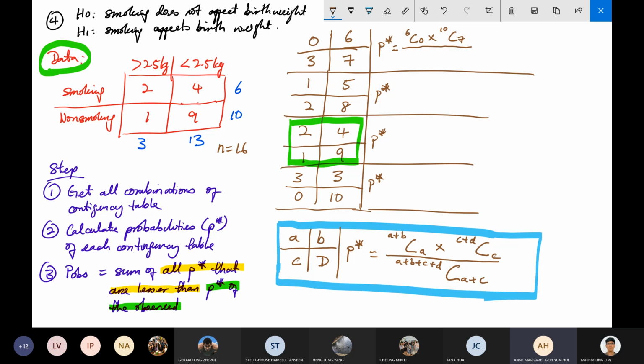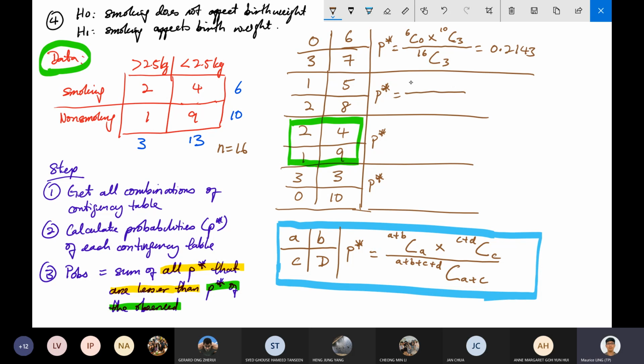Your 10C7, is it supposed to be 10C3? 10C3, correct. So you add up here is 16 and 3. So this gives you 0.2143.